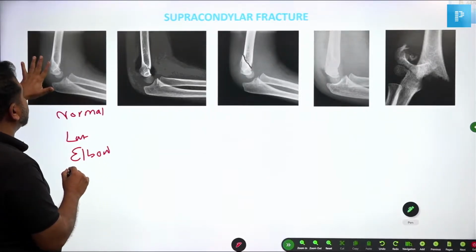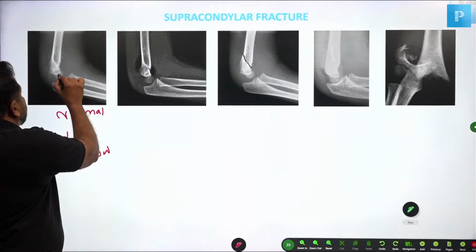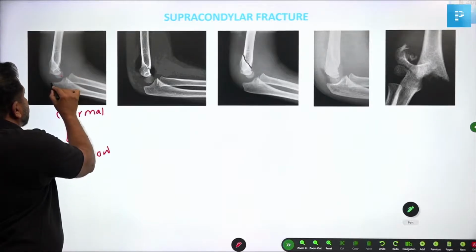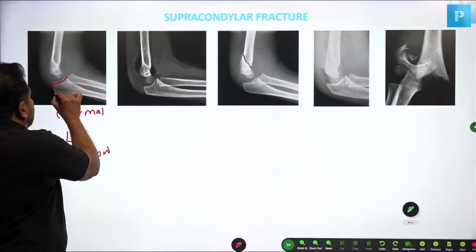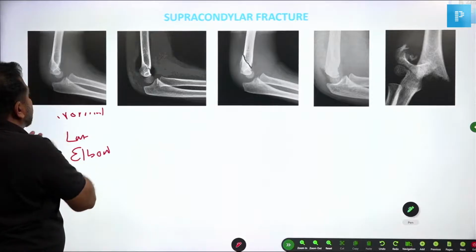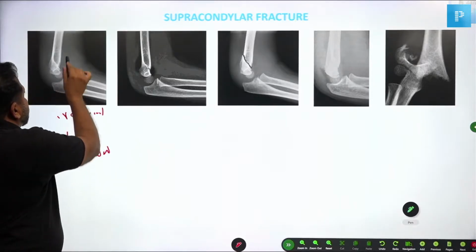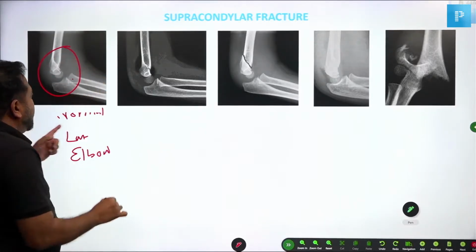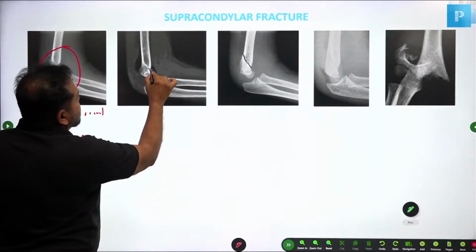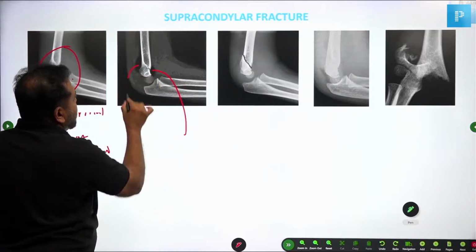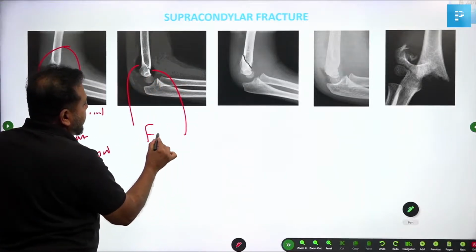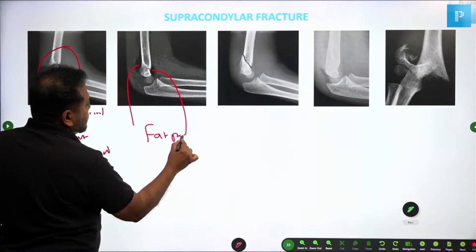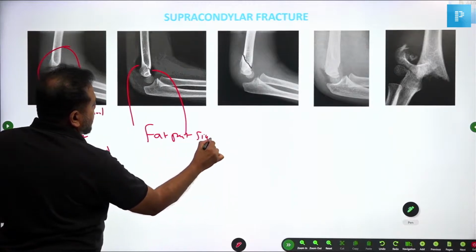This is the capitulum. This is the distal radius. This is the olecranon process of the ulna. This is the radial head. When I see here, I am able to see a gas shadow like thing. This is called the fat pad sign. Lateral view.